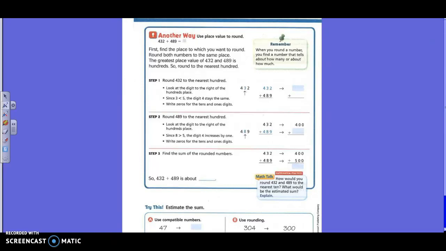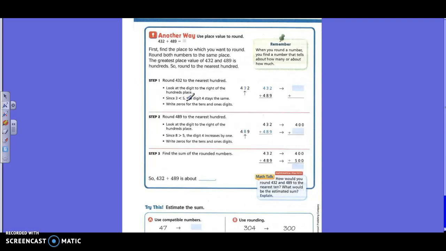So, step 1, read it. Round 432 to the nearest hundred. Look at the digit to the right of the hundreds place. Since 3 is less than 5, the digit 4 stays the same.